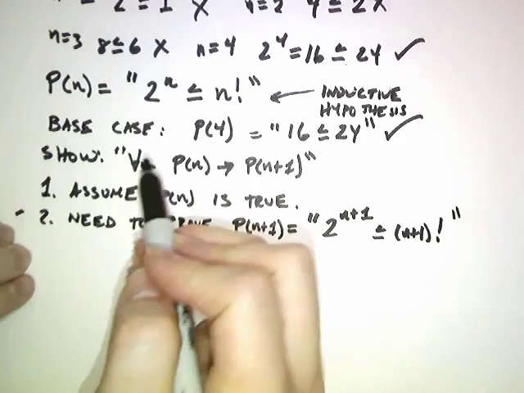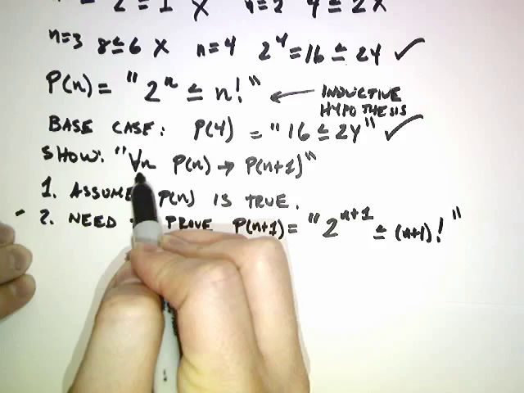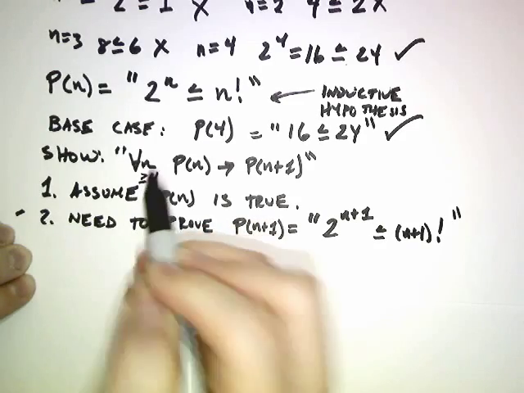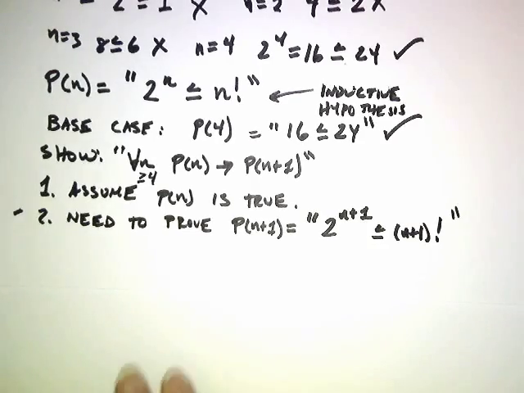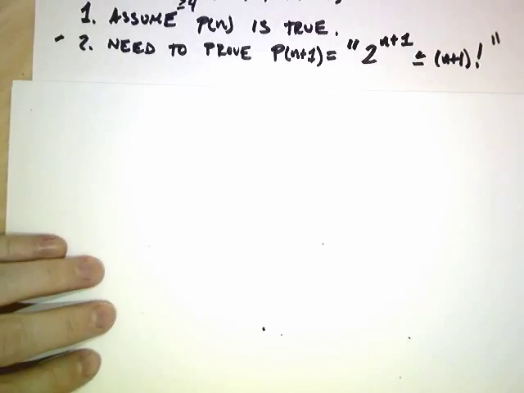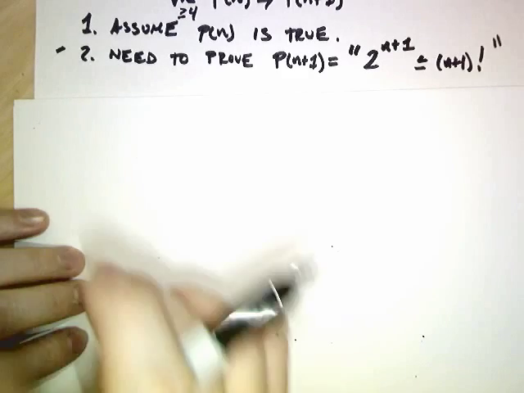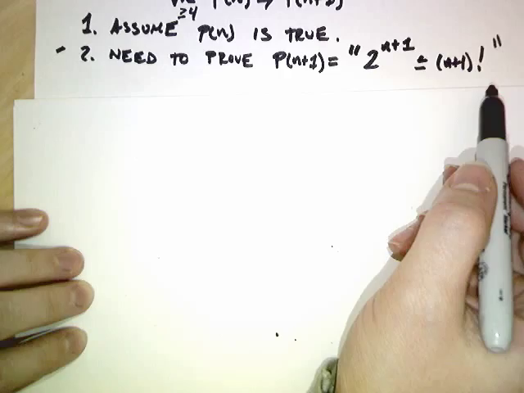Okay, and I guess technically here I should have for all n, we're assuming that n is greater than or equal to 4. As we've shown, it's false if n is 1, 2, or 3. Okay, let me move this up here. So we need to prove 2 to the n plus 1 is less than or equal to n plus 1 factorial.